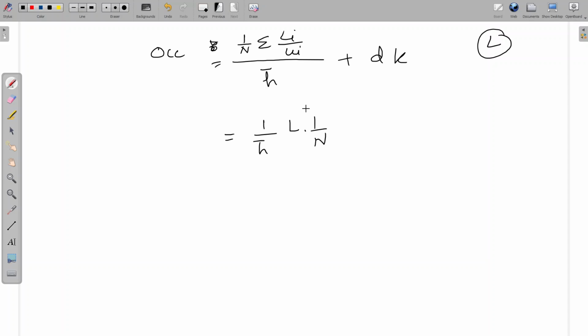I am assuming that all the vehicles have the same length, so I am taking L out. So what is left? Summation of 1 upon Ui plus d. Now you see, L I have already written here, so L I am writing here.